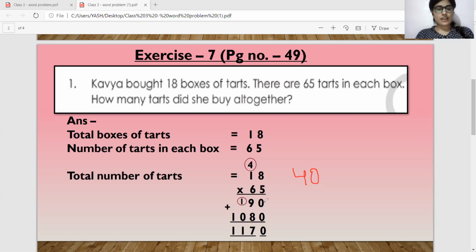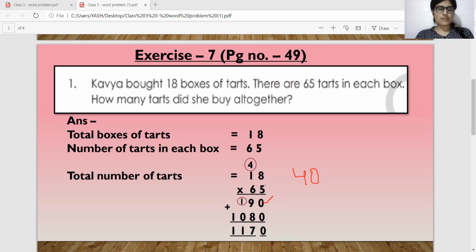This is why I have written 0 here first. And 4 I have written over 1, because 4 is the tens digit. Whenever we get a two-digit number after multiplication, we place the ones digit in the answer and carry over the tens digit to the next higher place.